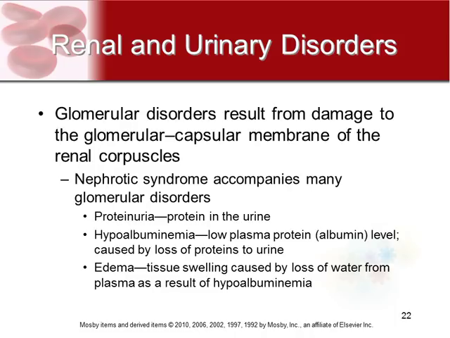Another sign would be edema. Edema is tissue swelling, and normally that's when water has left your vasculature, your vessels, and is now just sitting in between your cells. One reason why that happens is actually that low albumin level, that low plasma protein level.